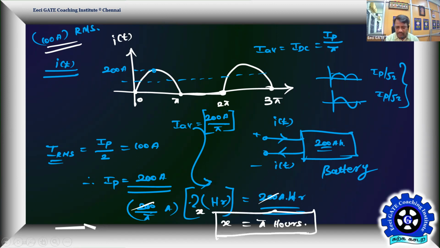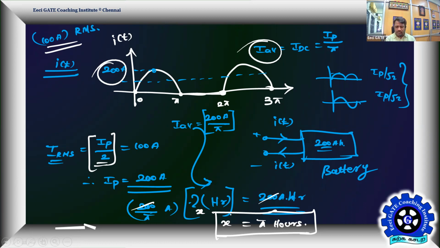Taking this data, 100 amps RMS is not your peak. It is nothing but IP by 2. So you have to take IP by 2 equal to 100. Then IP becomes 200. From this, you have to go for the average or DC current delivered by the half-wave rectifier. Then go for your charge delivered in the given time.